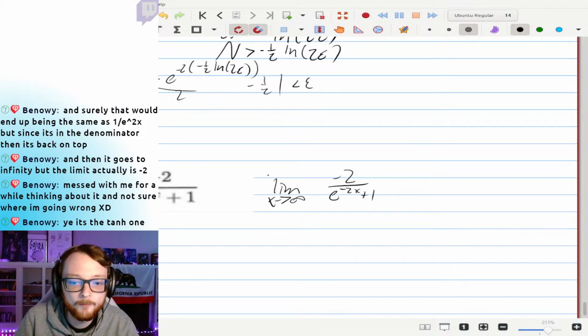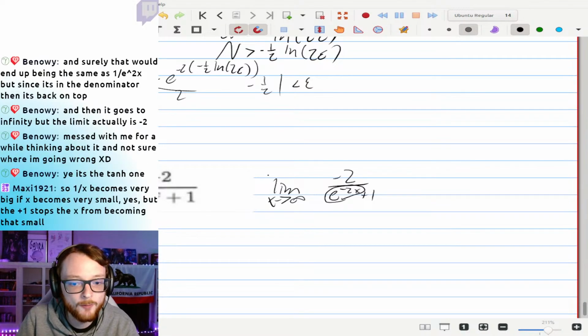Yeah, it is weird to have e to a negative power in the denominator, but I would still think about it as e to the power of a very large negative number. And that goes to 0. So I would say just that little piece there is 0. And then let the rest of the chips fall where they may.